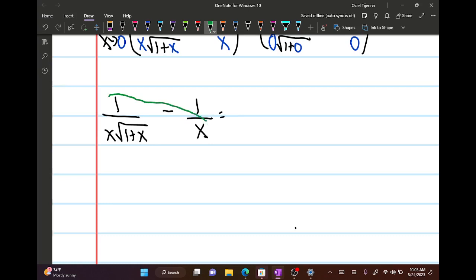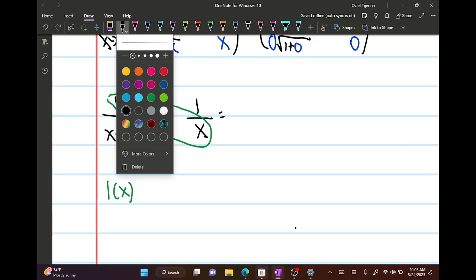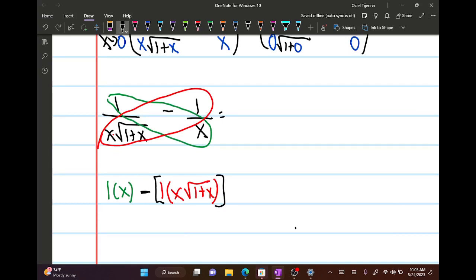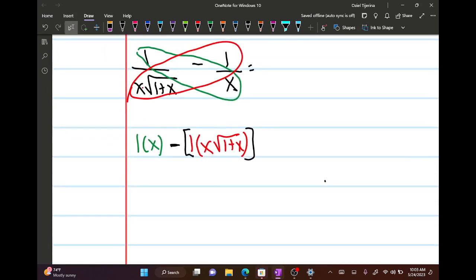So we have 1 times x, and then minus 1 times x square root of 1 plus x, and we want to make sure we put parentheses or brackets like this so that when it distributes in, we can put the negative symbol. It's good to make a habit of that, even though for this part we don't really need it, whenever you have a binomial.